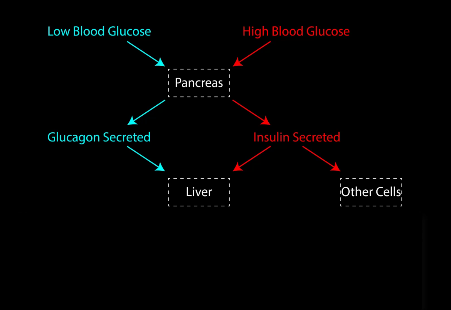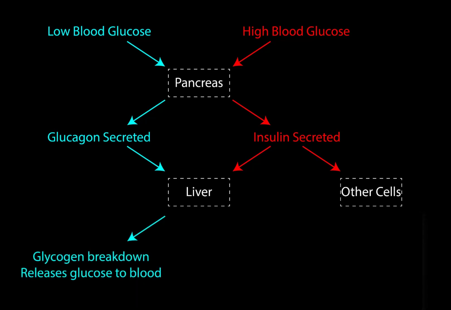So when glucagon sends a signal inside the liver, it's telling the liver that there's a low amount of sugar in the blood. So what the liver does is it reads that signal and recognizes it needs to break down stored sugar or glycogen and then release that sugar back into the blood.